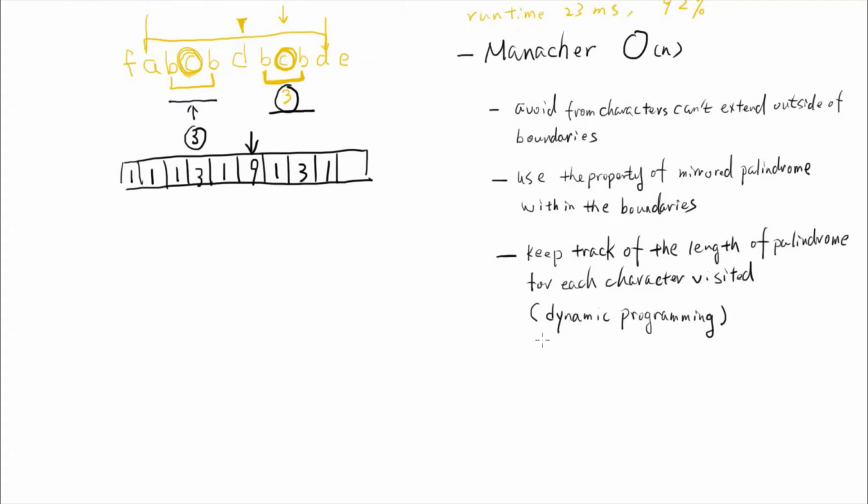Let's create a pseudocode for Manacher's algorithm. First, we will declare an integer array to keep track of the length of each palindrome. We call it len.